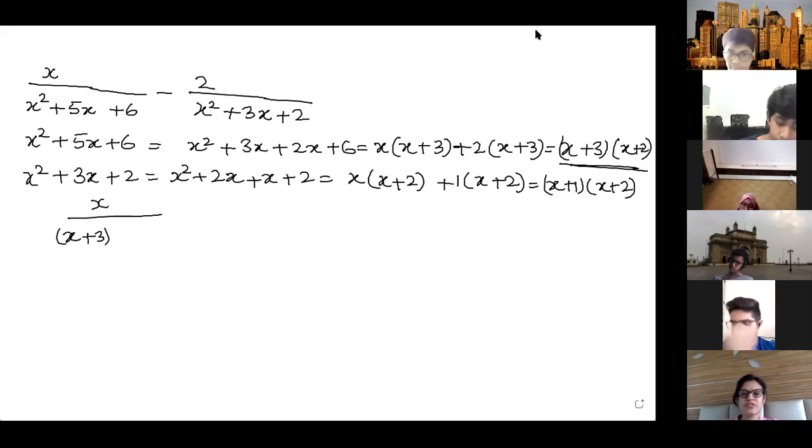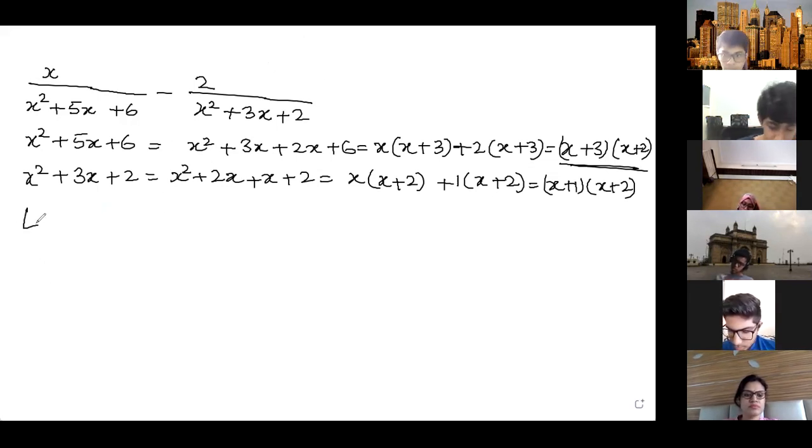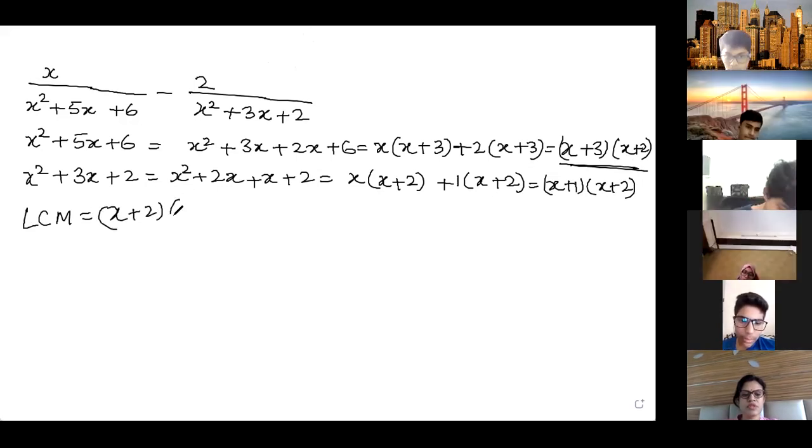Write LCM first. How much is LCM? LCM is x plus 2 into x plus 1 into x plus 3.